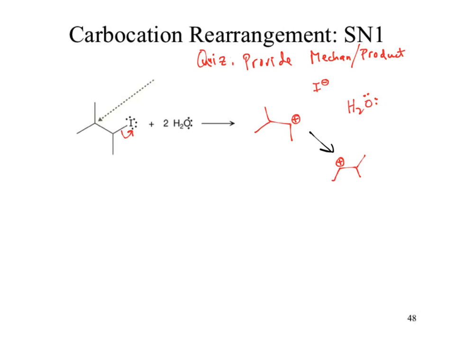Okay? In doing the mechanism, only two things happen in an elimination. We break the leaving group and we break a carbon-hydrogen bond. Why is the hydrogen causing so many problems? It's implied. Guess what the issue is with this structure? There's an implied hydrogen.